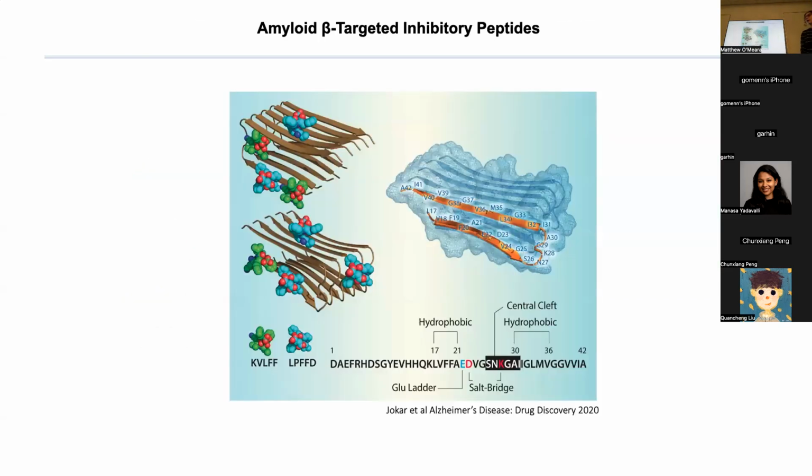In fact, there have been really successful in vitro studies showing that if you design inhibitors which bind on top of the beta sheets, on the sides, or which have bulky residues to prevent the mating with the other beta sheet, you can actually disrupt the amyloid fibril formation.